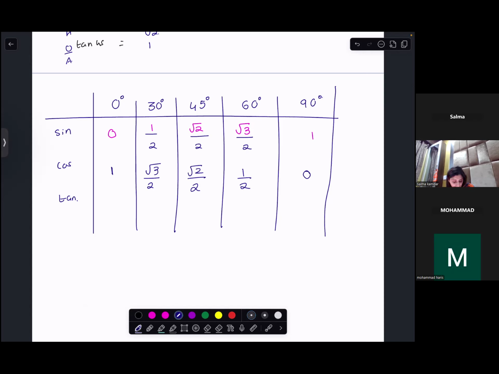And then for tan, 0 by 1 is 0. Tan would be sine by cos. This would be 1 by root 3, this would be 1, this would be root 3, and 1 by 0 is undefined.